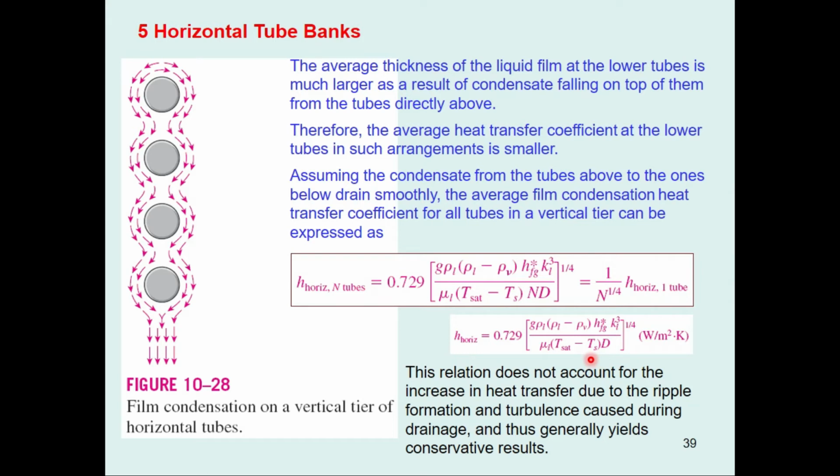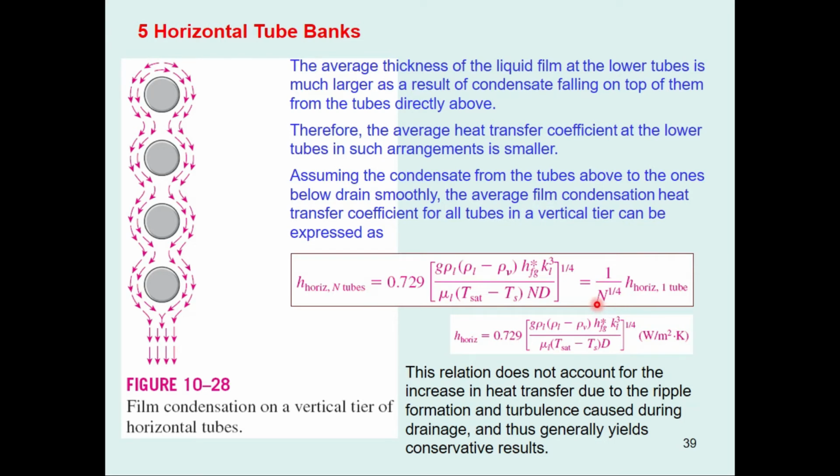For different numbers of tubes we can put h horizontal in this formula, which is 1 over n to the power 1/4 times h horizontal. h horizontal can be determined from this formula, and if you know the number of tubes, for example if the number of tubes is 5, here you can put n as 5.